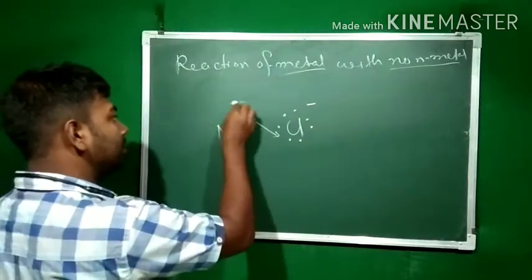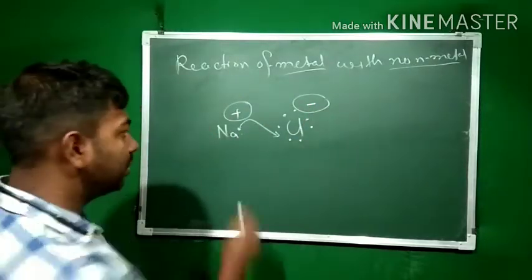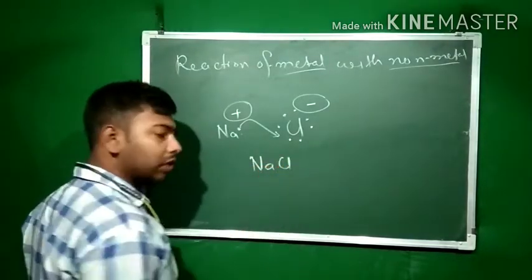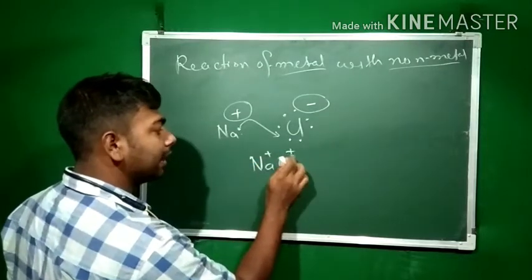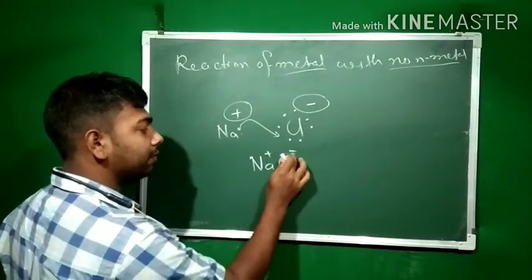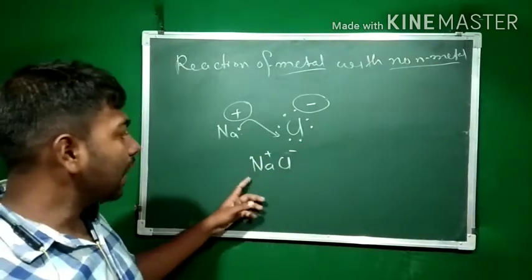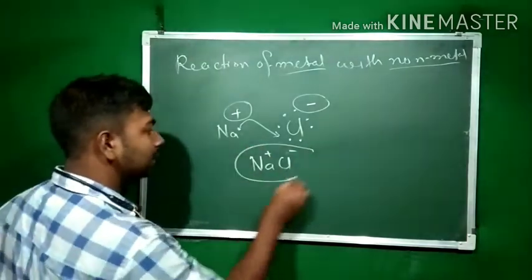Now the attraction between this positive and negative charge brings them closer, and one type of electrostatic, that means plus-minus attraction, bond is formed.